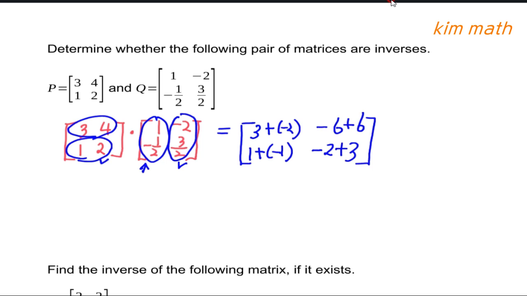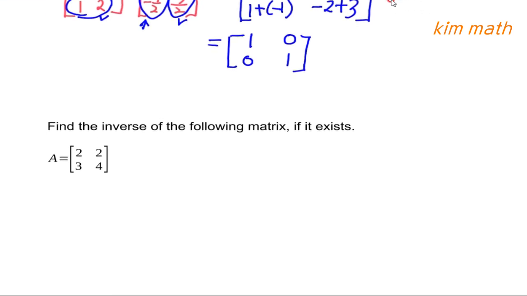Wow, what is the result? This is 1, this is 0, this is 0, this is 1. So what is our conclusion? These two things are inverses. Is it okay? Good.